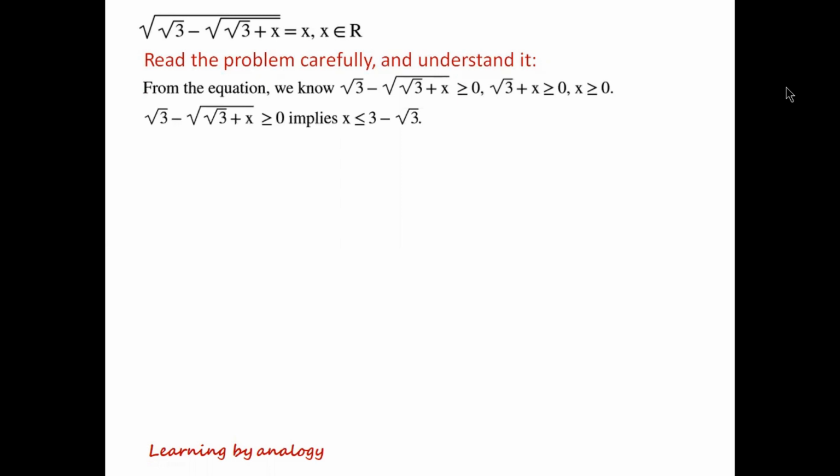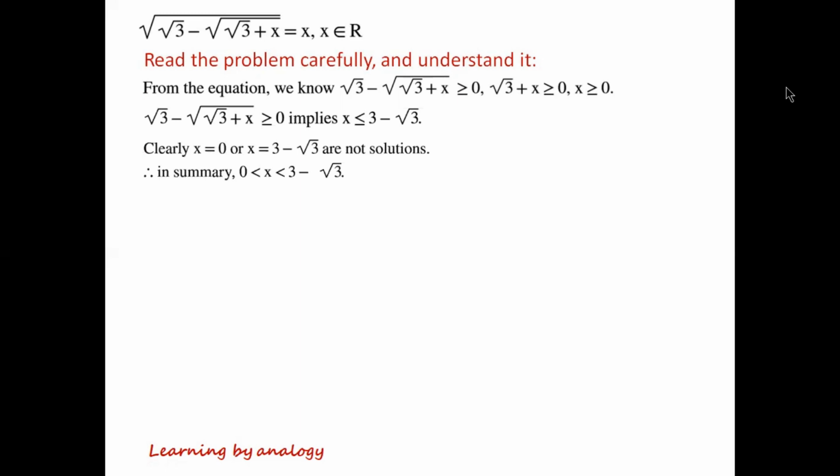√3 − √(√3 + x) greater than or equal to 0 implies x is less than or equal to 3 − √3.